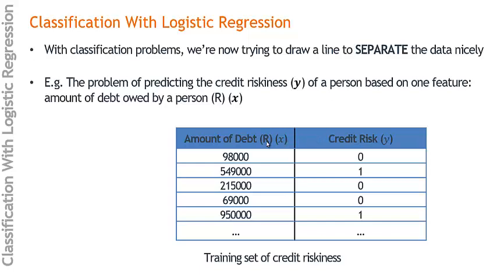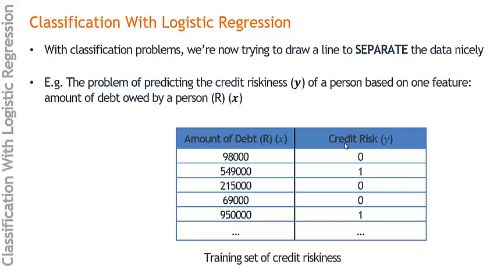So here we have different customers, and we have their amount of debt. Now, naturally, you expect if the debt is higher, the credit risk is greater. They have a greater risk of not being able to pay back on their loans. And here you can see an assigned credit risk.